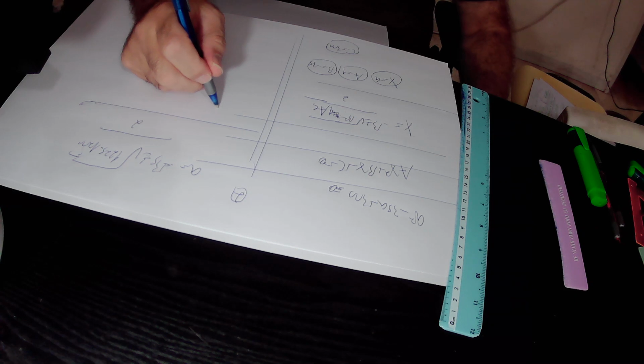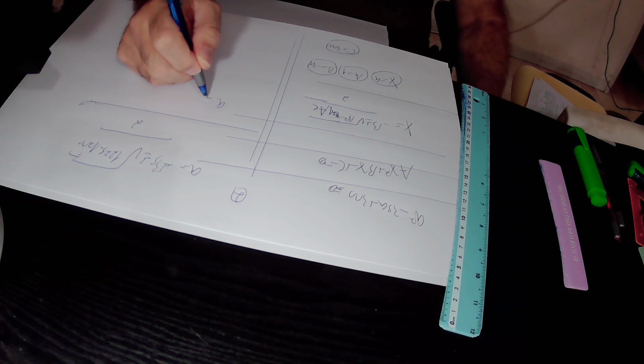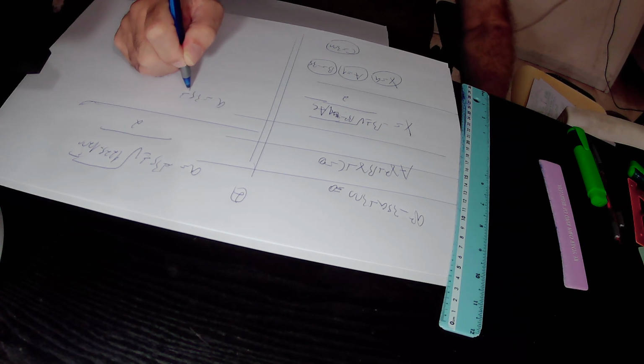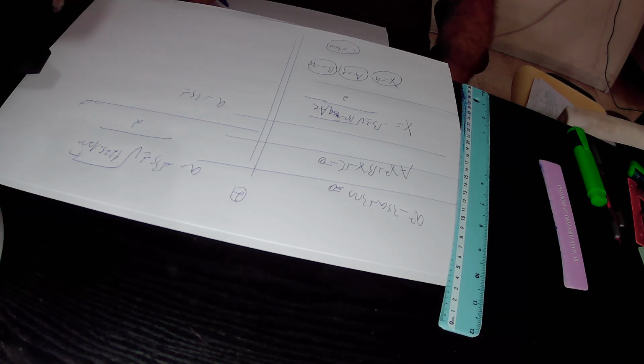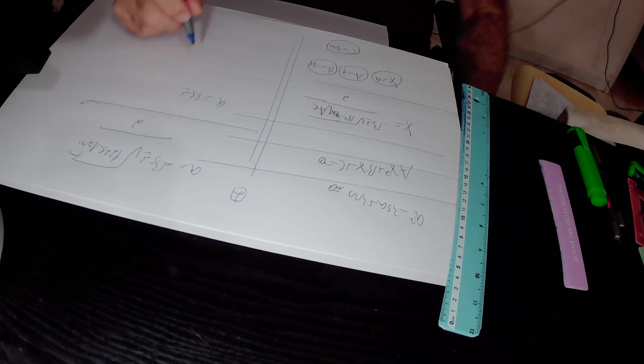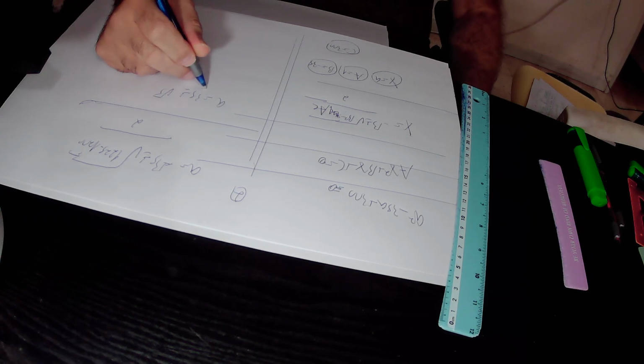So a equals 35 plus minus square root of 1225 minus 1200, that is square root of 25, over 2.